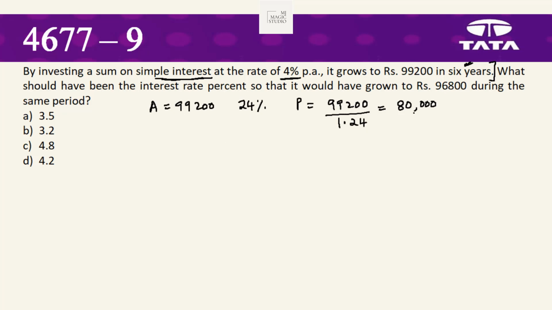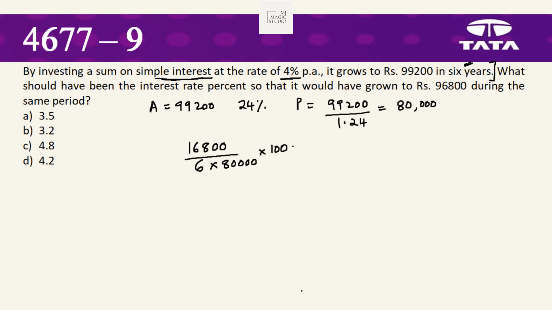So 96,800 minus 80,000 is 16,800. 16,800 is interest received in 6 years. Divide by 6. This is interest received in 1 year. And now divide by 80,000 and multiply by 100 to get the interest rate.